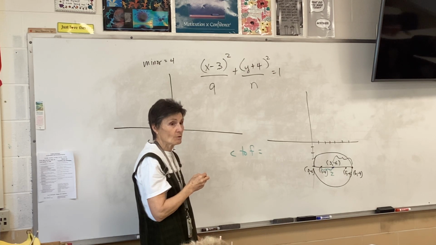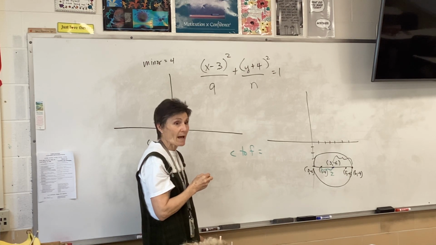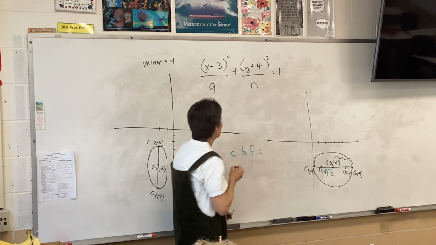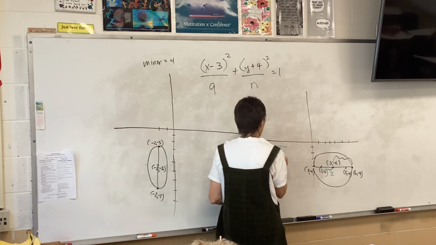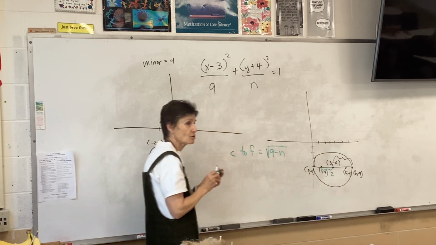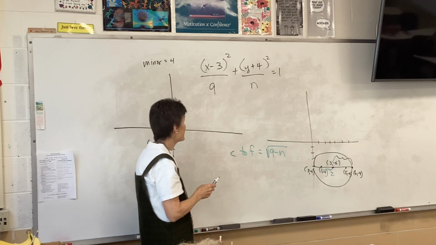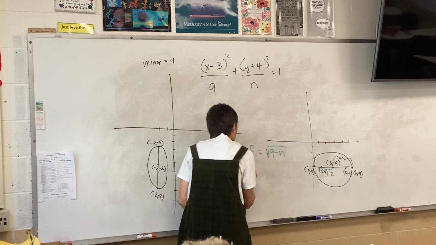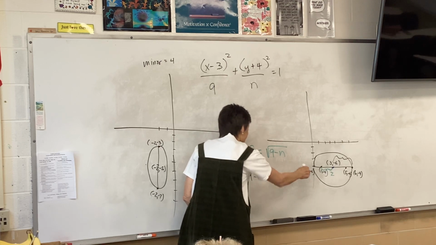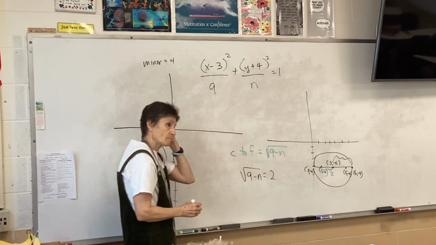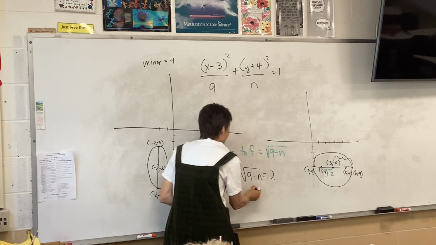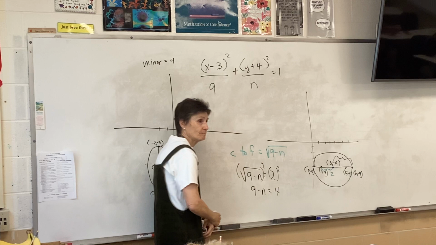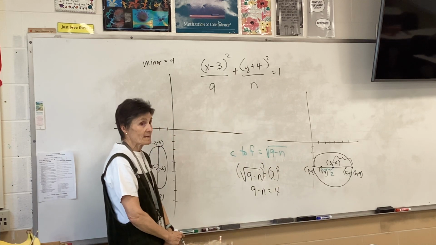So we're looking back at our notes. Subtract the denominators and take the square root. So subtract 9 minus n and take the square root. So the square root of 9 minus n has to be 2, which means 9 minus n has to be 4 if I square both sides. So what's n?